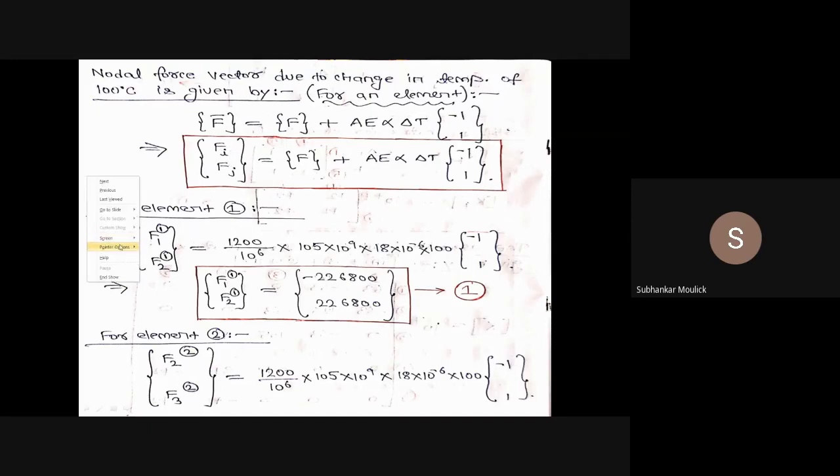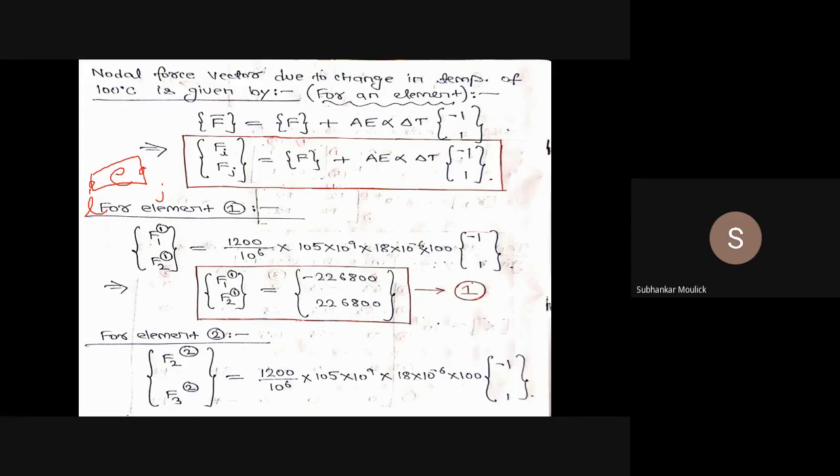If I consider this element E with nodes I and J, then Fi represents the nodal force at the ith node and Fj represents the nodal force at the jth node, which equals nodal force vector F plus A E alpha delta T times the 2 cross 1 matrix minus 1, 1.